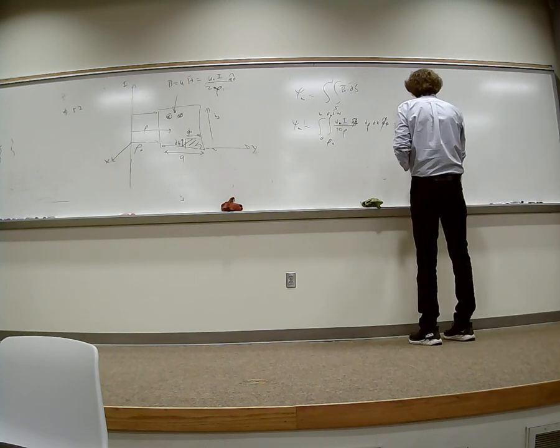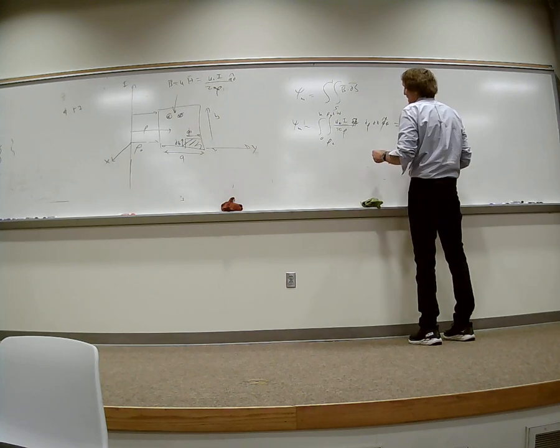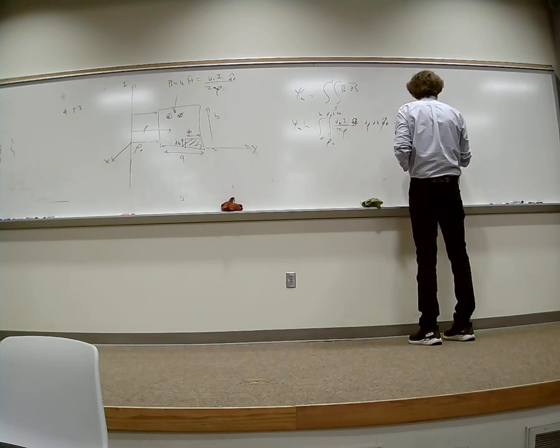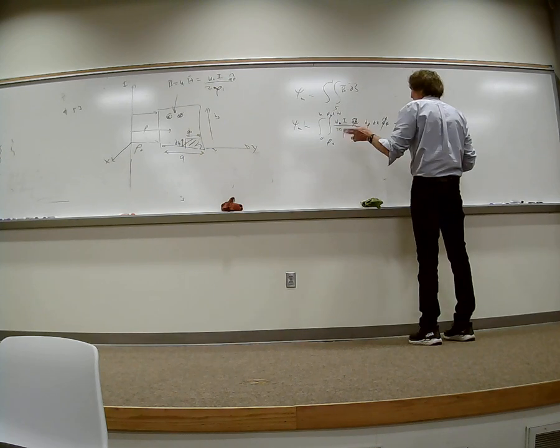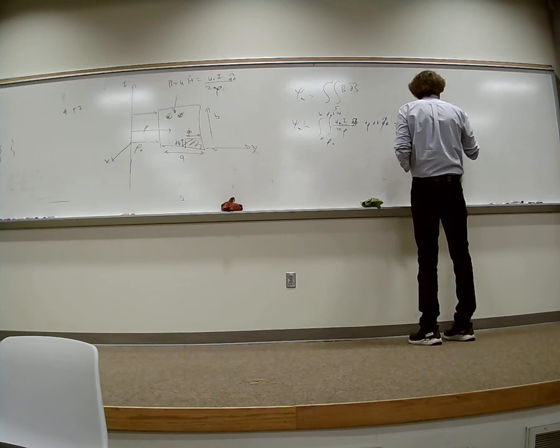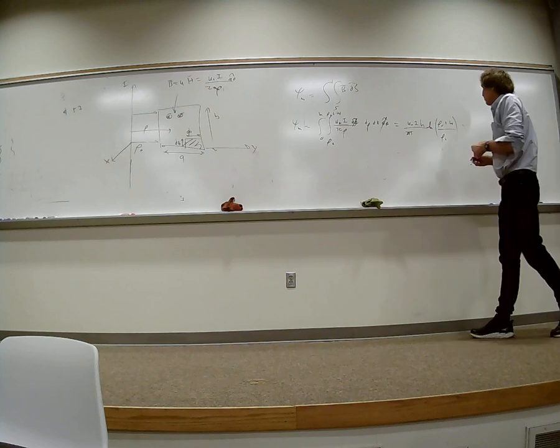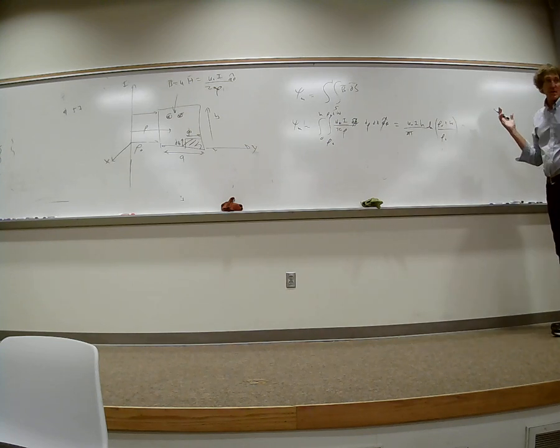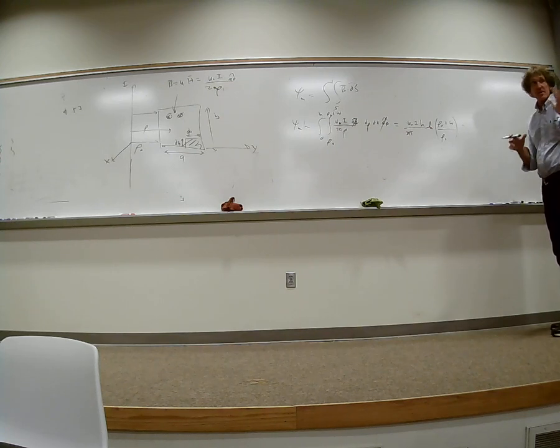So that's the natural log of the upper, which is rho 0 plus W, over the lower, which is rho 0. Now you can keep breaking this down. You can make it 1 plus W over rho naught. It doesn't matter, but that's essentially it for the flux. It's not hard. It's pretty apparent.